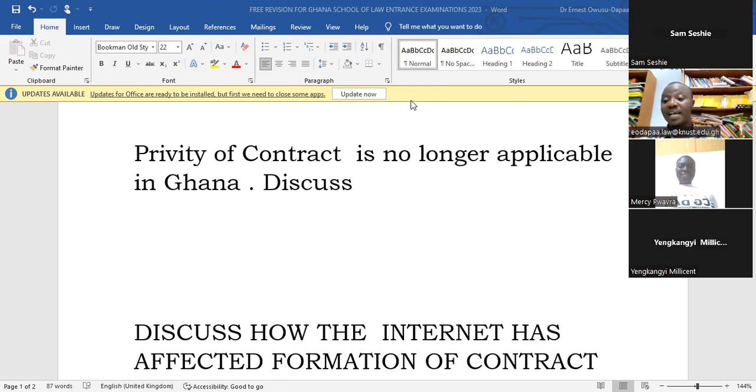If the objective test will, for example, say that, then the court will try and give effect to the agreement. The court will not just say that there's no agreement. Now, it is only where the use of the objective test does not assist the court to come to any consensus, then the court will say that there's no contract, just like the situation in Raffles and Wichelhaus. You remember, that is the Peerless case. One ship is sailing in October and another one in December from the same destination, Bombay.